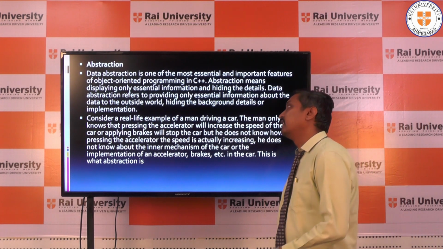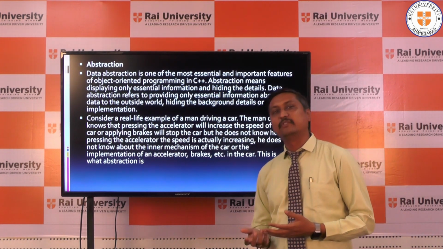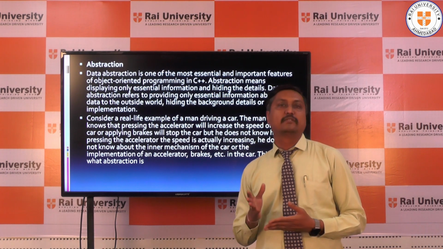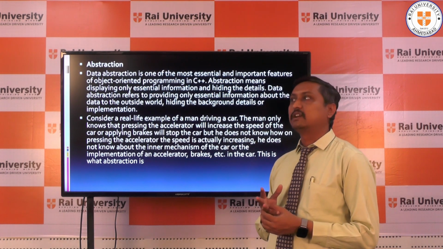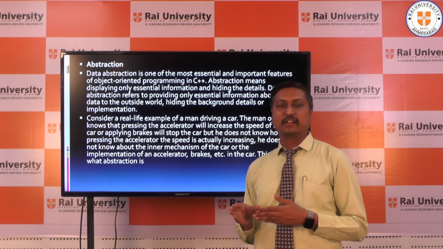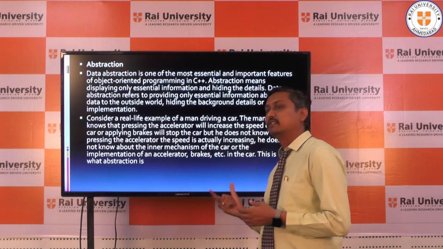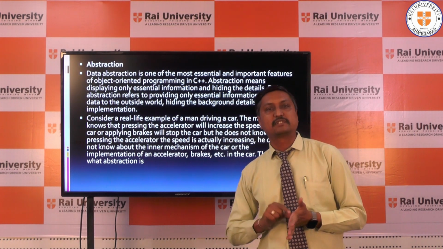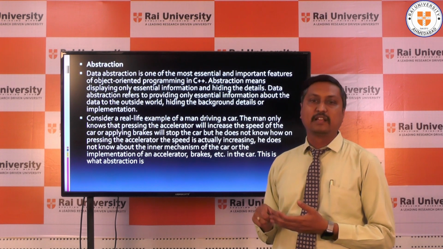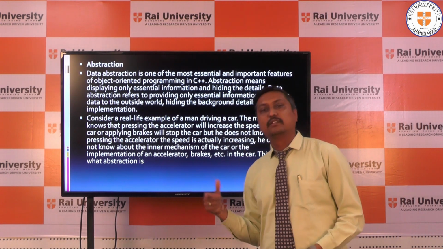Next one is abstraction. Abstraction means, in real life, that essential information which needs to be displayed publicly is shown, while those features which need not be displayed are hidden in the background.